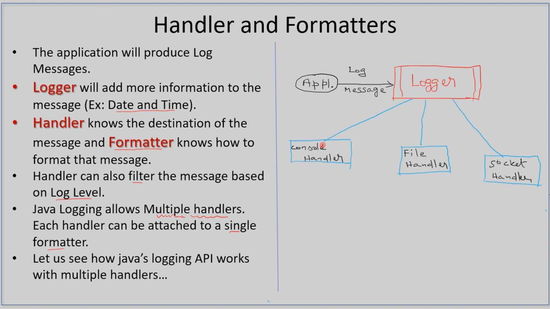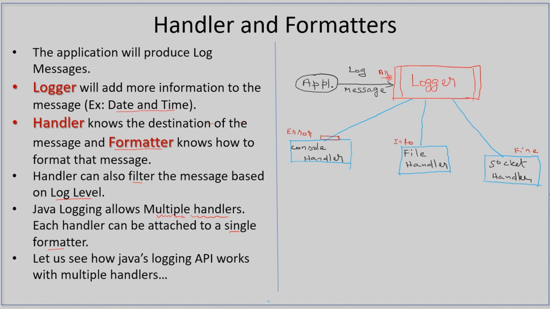Say for example, this handler receives only error messages, and the file handler receives info messages, and the socket handler allows almost all the messages except finer and finest. So we will have a filter here, and we can allow only the error message, even though the first level filter allows almost all the messages. For example, let's assume like that.